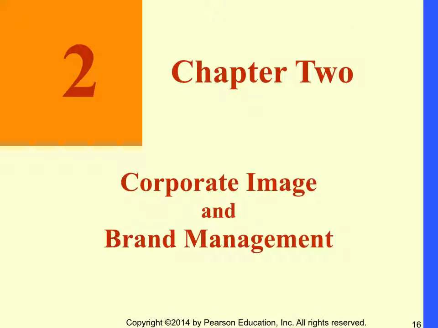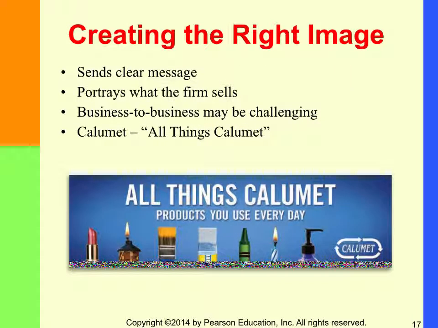That takes us into chapter 2. I'll try to get through this quickly. So one of our objectives, again, through this messaging and integrated marketing, is to create the right image for our particular product or service.